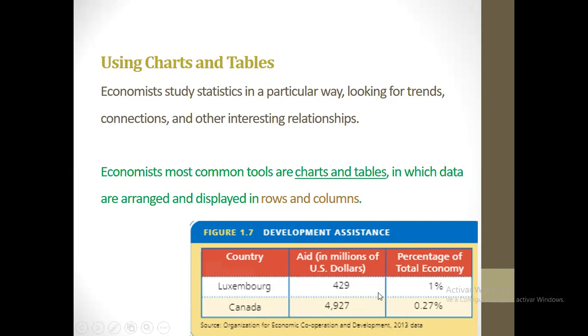Luxembourg's sacrifice is bigger than Canada's. Why? Because they're grabbing 1% of their economy, their budget, and Canada not even half of 1%. So you have to understand how to read this kind of chart, guys.